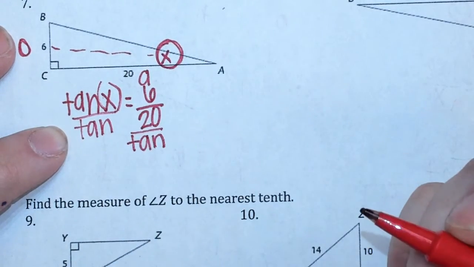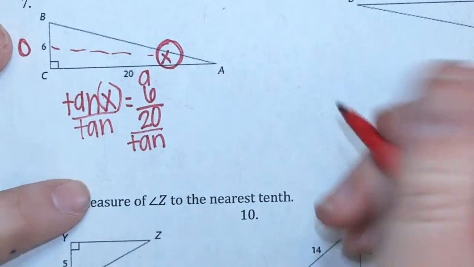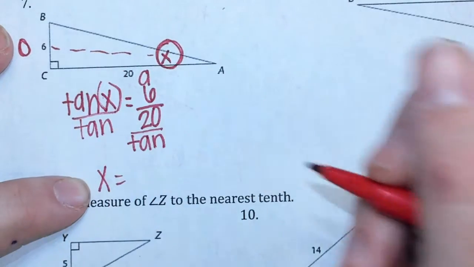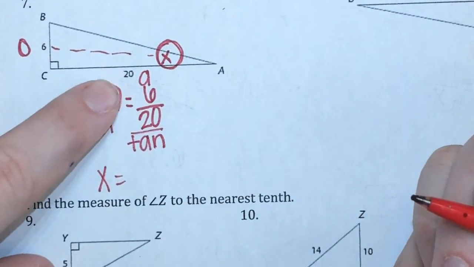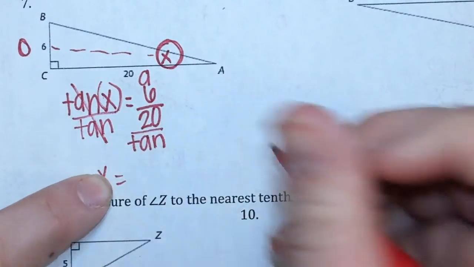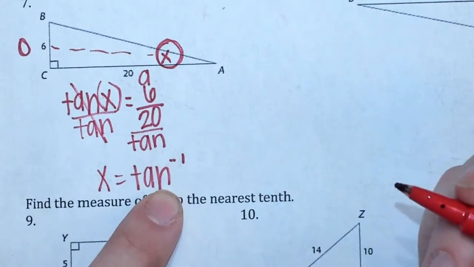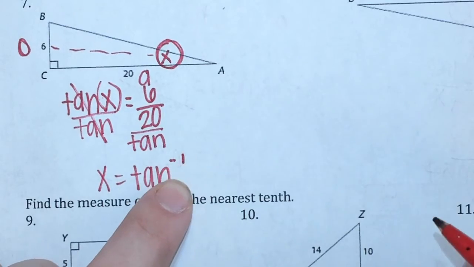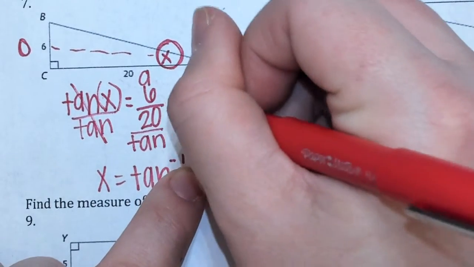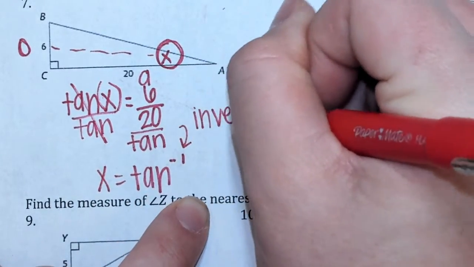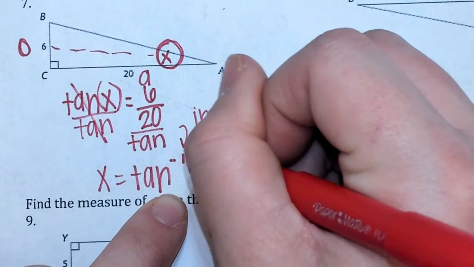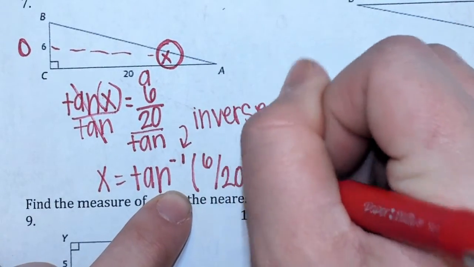What happens when you divide both sides by tangent is that you take what's called the inverse. So your x now becomes by itself, but your tangent gets this little -1 at the top. This stands for inverse. And then, in parentheses, you have what your ratio was, 6 divided by 20.